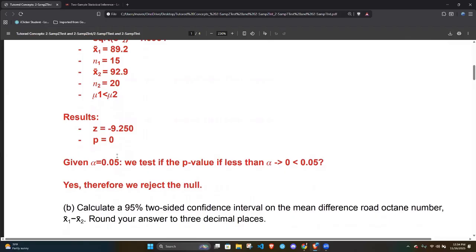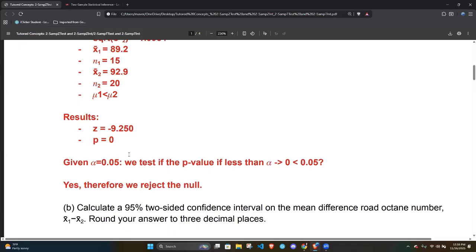Now here we have part B, and this states that we want to calculate a 95% two-sided confidence interval on the mean difference road octane number, x1 bar minus x2 bar. And so this part of the problem actually just uses the same information as we did for testing the hypothesis. We are given all the necessary information to be able to find the two-sided confidence interval on the mean difference, and we can do this by using the two-sample Z-interval function in our calculator.